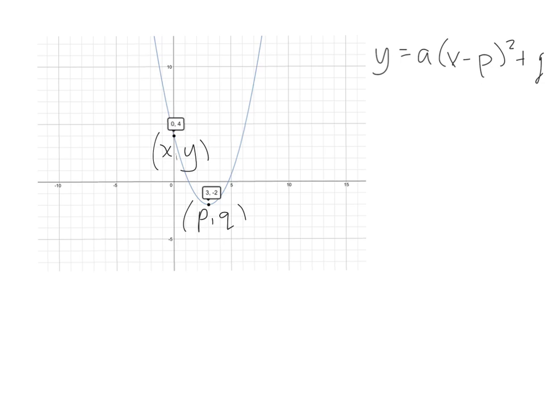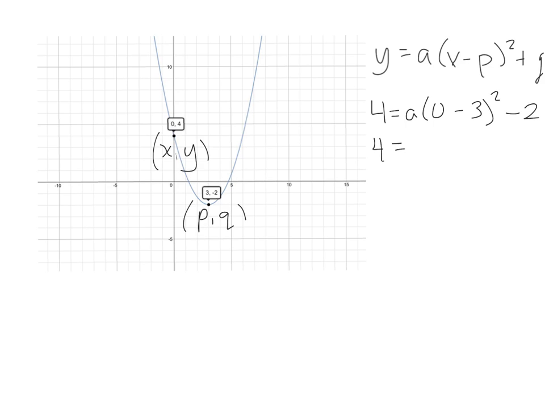So I'm going to just fill all those in. y is 4. x is 0. p is 3. And q is negative 2. So I'm just going to put it in as subtract negative 2. 0 minus 3 is negative 3.